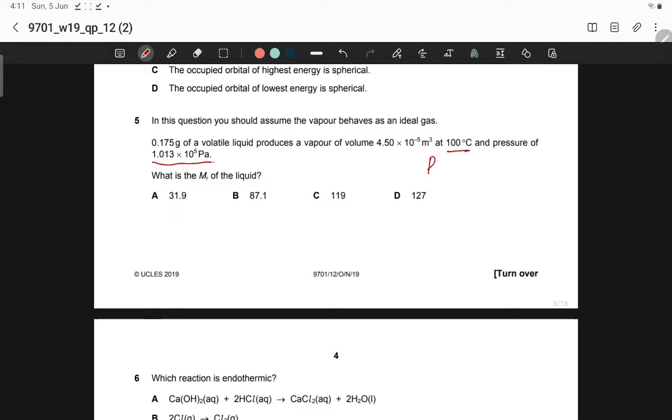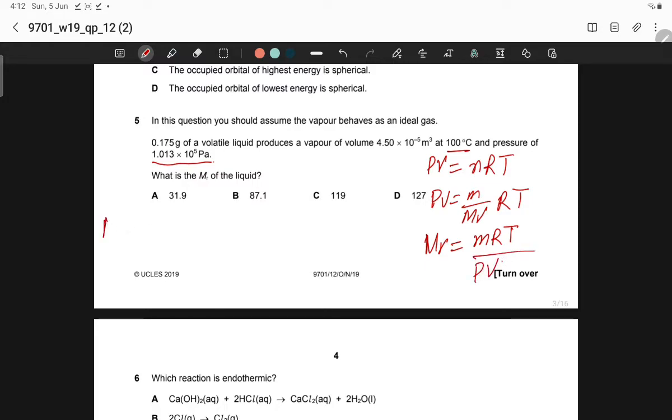We know that PV is equal to nRT. PV is equal to mass over Mr times RT, and Mr is equal to mRT divided by PV.